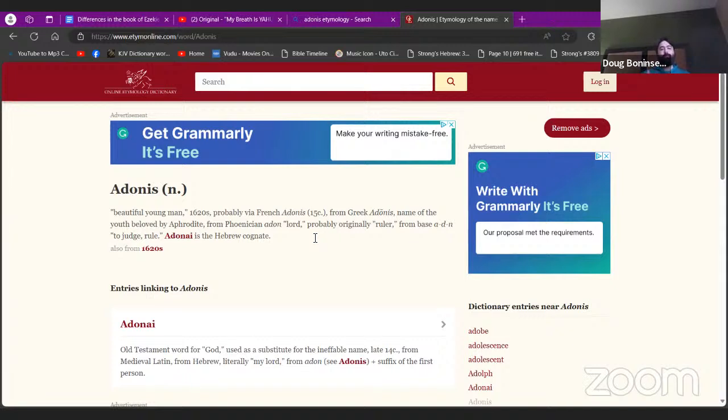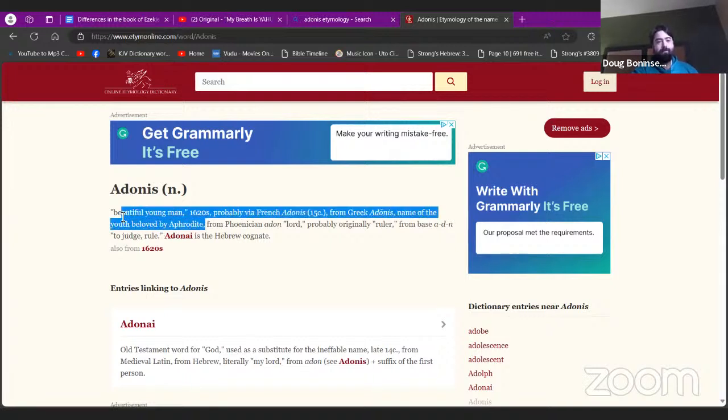You're completely breaking the rules of transliteration, number one. Okay. Name of the youth beloved by Aphrodite. So why is this important, guys? Because Adonis was Baal. Okay. This is Baal. This is Nimrod. Okay. So when the Hebrews started going astray from Yahuwah, this is who they served.